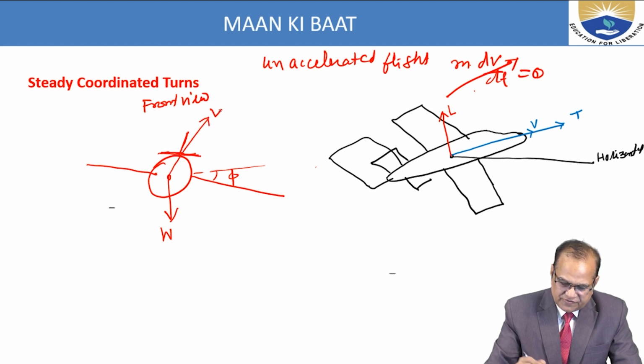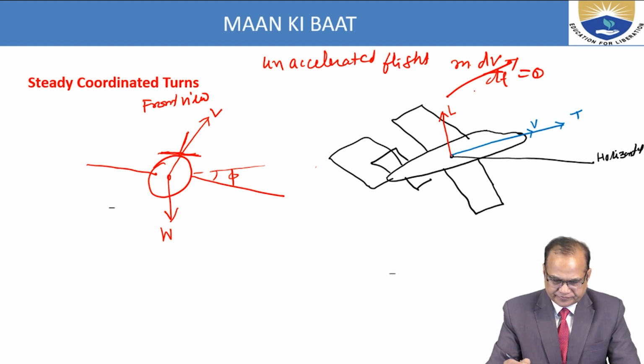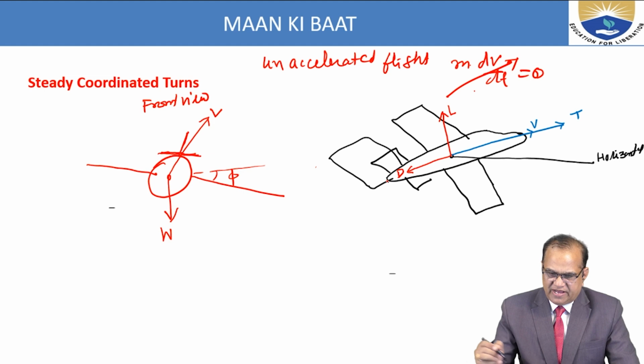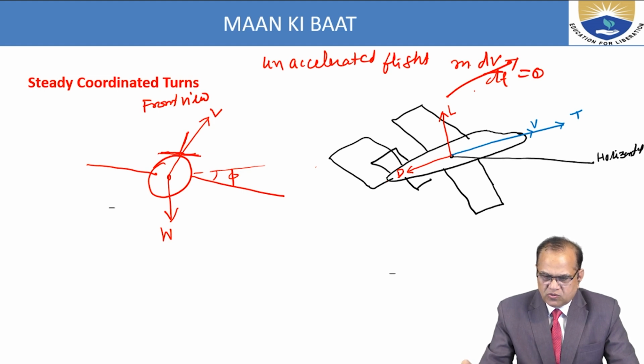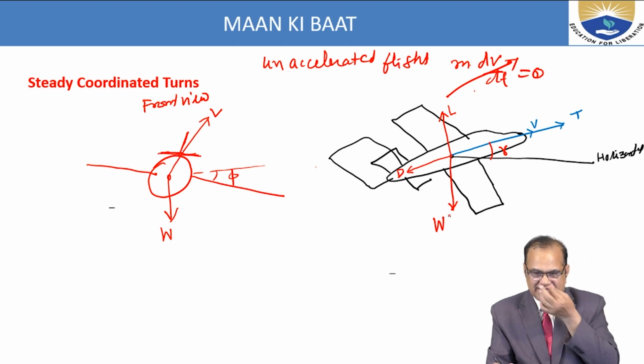So this is your lift. This is a front view, and here you can see the drag. This is the drag, and this is gamma. This is the weight W. This W will not now be exactly W.